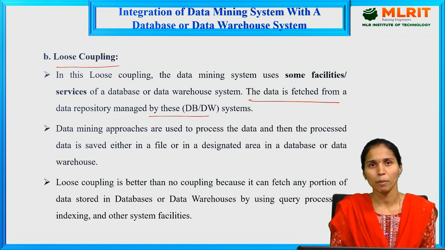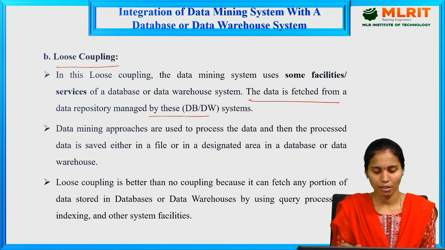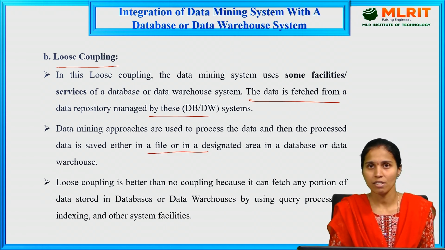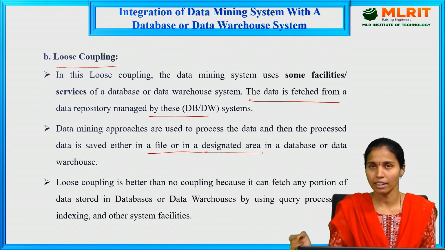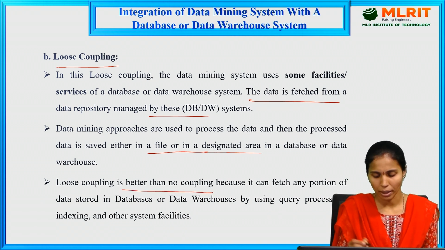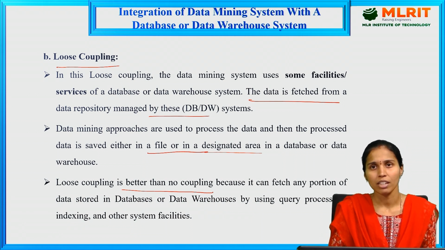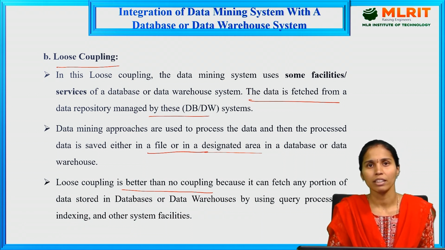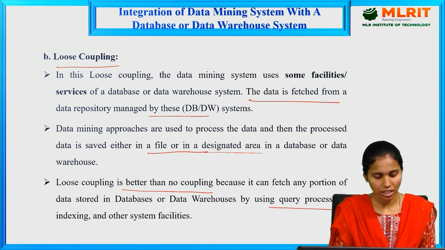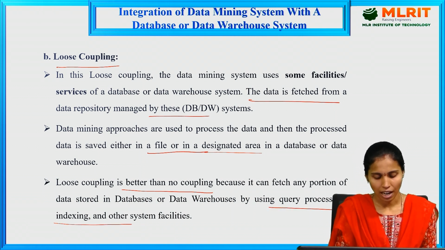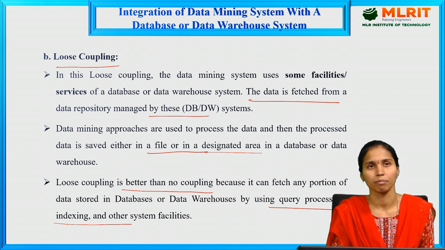Data mining approaches are used to process the data and then the processed data is saved either in a file or in a designated area in a database or data warehouse. Loose coupling is better than no coupling because it can fetch any portion of data stored in a database or data warehouse by using query processing, indexing and other system facilities.